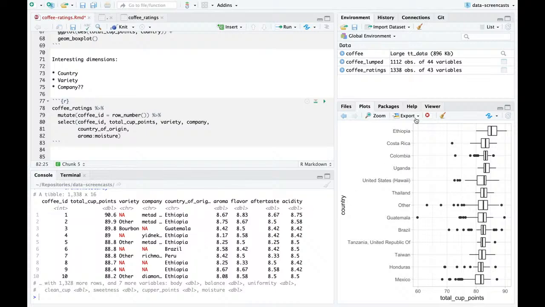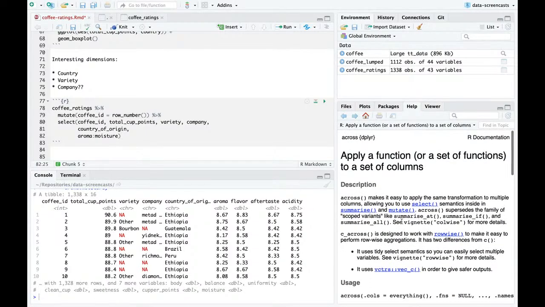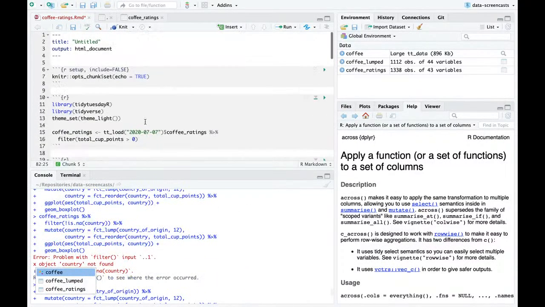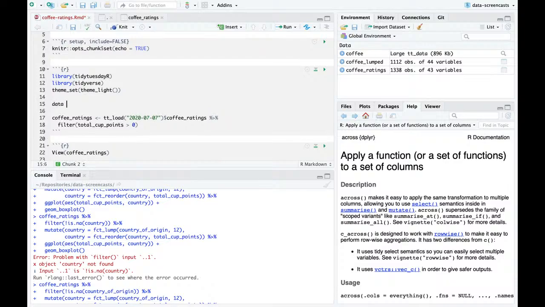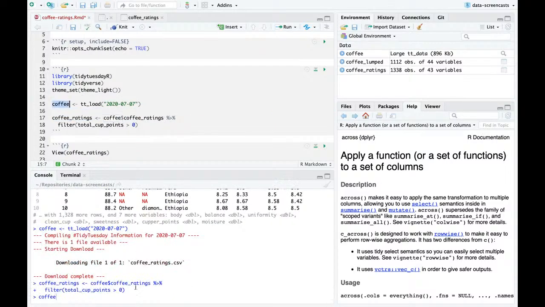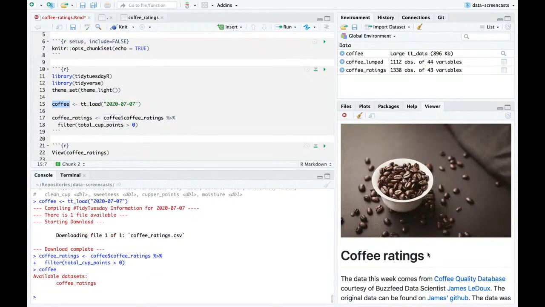What is cupper points? Can I look back at the help page? Nope, not help. It's coffee. Trouble is I don't have this. I need to keep this object. Here we go.